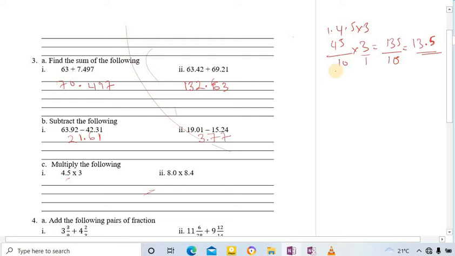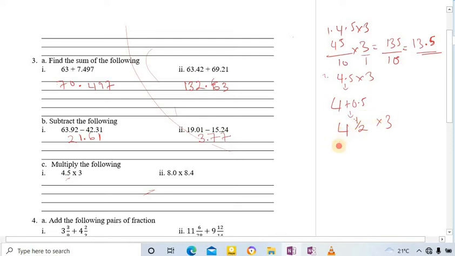Or we could also see it from this angle. 4.5 times 3. 4.5 is the same as 4 whole number plus 0.5, and 0.5 can be written as 1 out of 2. So all of this times 3 will be 4 times 3 plus 1 over 2 times 3.